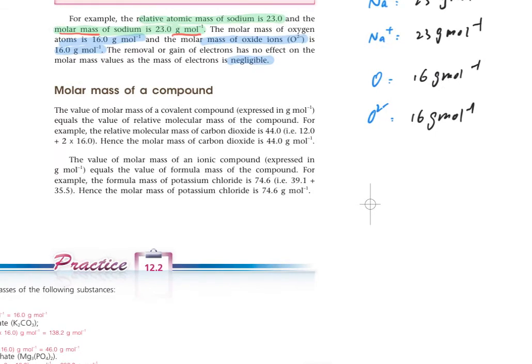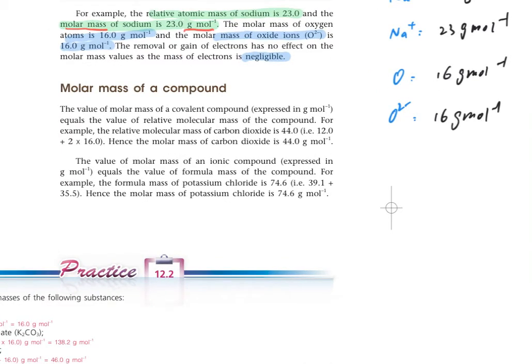Now, for a compound, like a covalent compound, the value of molar mass is equal to the value of relative molecular mass of the compound, because most covalent compounds belong to molecules like CO2, CH4, SO2, HCl, and so many others. And since they are molecules, the value of molar mass is equal to the value of their relative molecular mass.